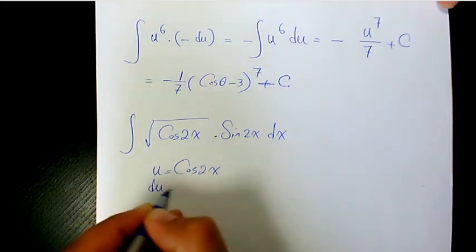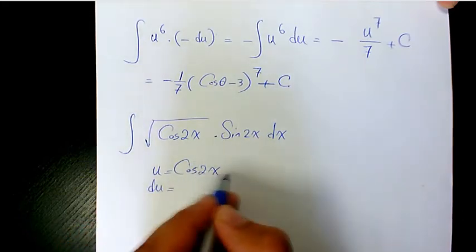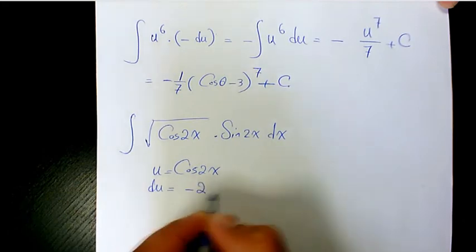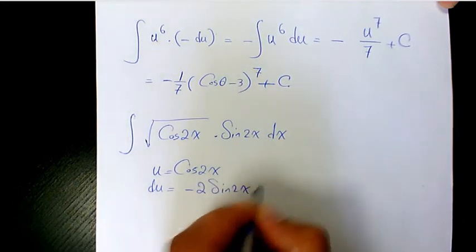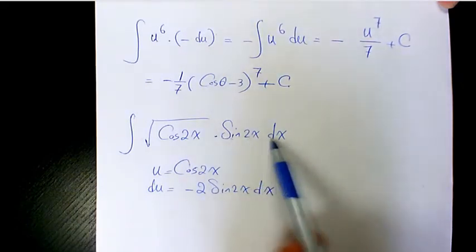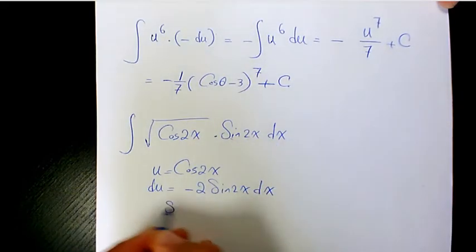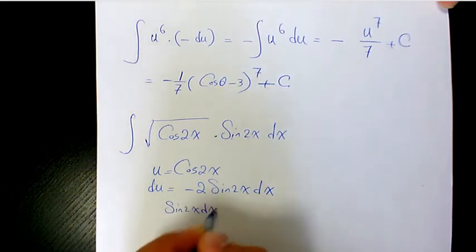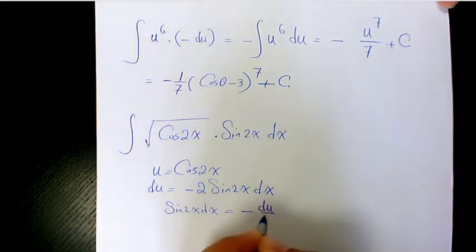So du is going to be, the derivative of cosine 2x is going to be negative 2 sine 2x dx. We already have sine 2x dx. It means that sine 2x dx equals negative du over 2.